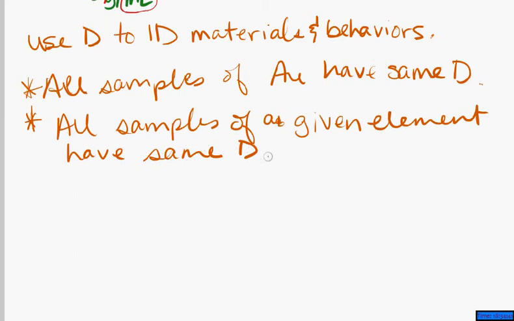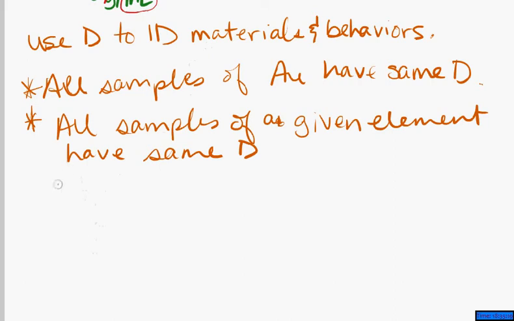So it doesn't matter if I've got a tiny piece of carbon or a huge piece of carbon, that carbon is going to have the same density regardless. It doesn't matter if I've got a little piece of aluminum or a huge block of aluminum, the density will be the same regardless. And this helps us to identify the matter.